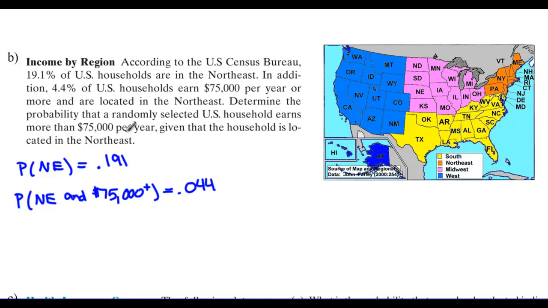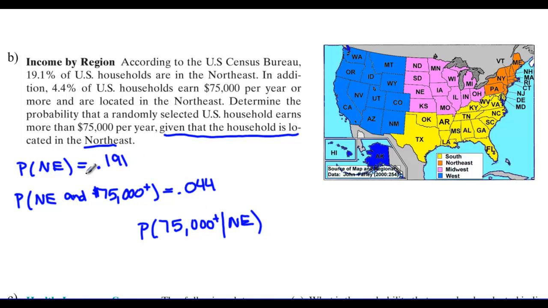And so it's asking us to determine the probability that the randomly selected U.S. household earns more than $75,000 per year, given that the household's located in the Northeast. So we're trying to find the probability that we're getting a person that makes $75,000 or more, given the fact that they're in the Northeast.